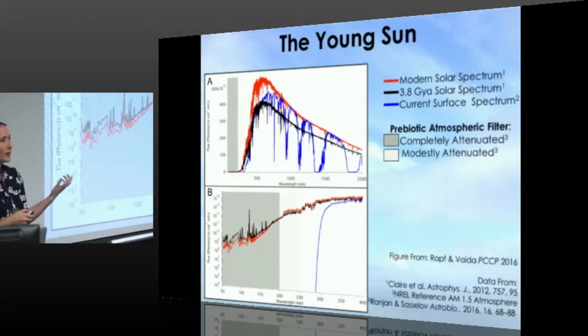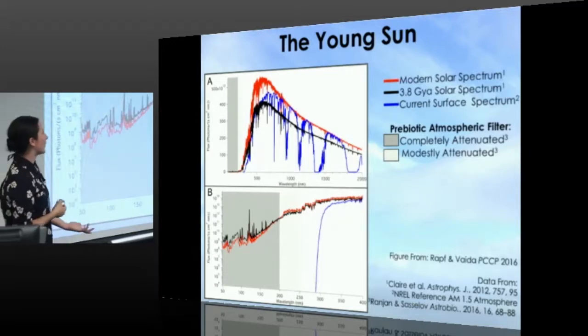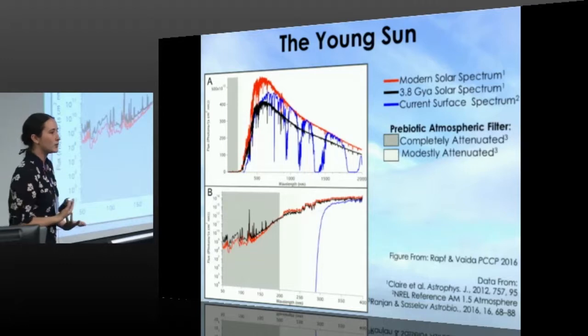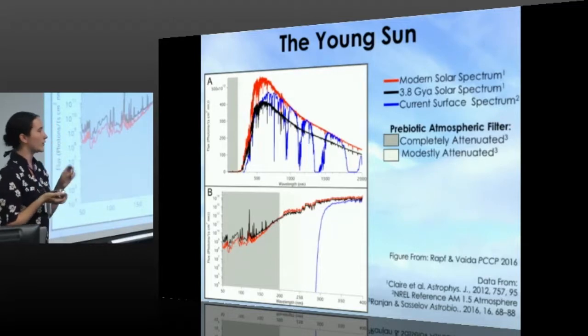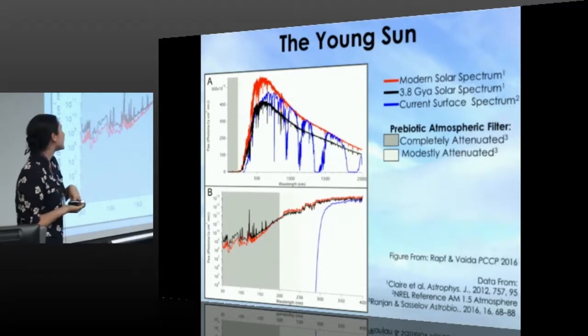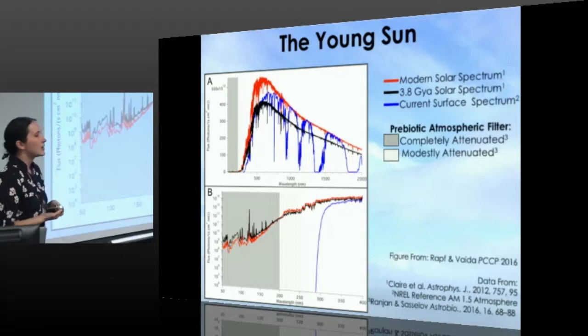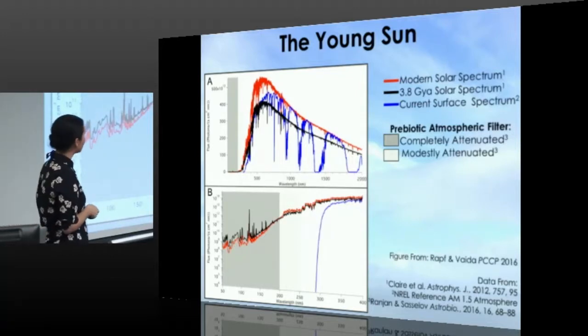So we've heard a lot about the more UV that's given off by the younger sun, but most of that is out in this higher UV range that wouldn't necessarily make it all the way down to the surface of the Earth, where we're at least considering doing useful photochemistry. But there is this almost 100 nanometer range of, quote unquote, useful UV, near UV radiation that can help build chemical complexity.